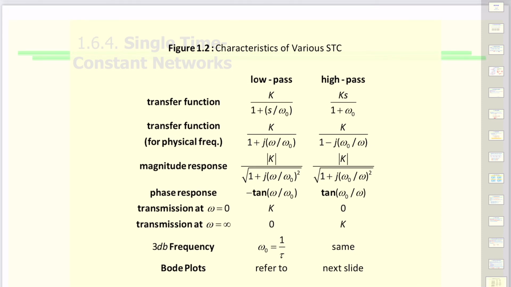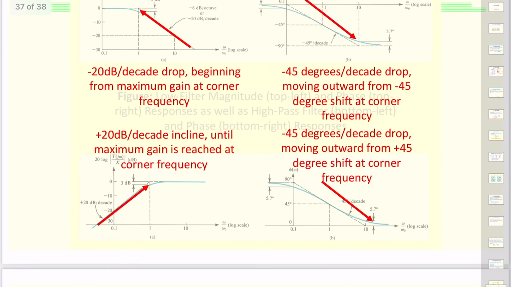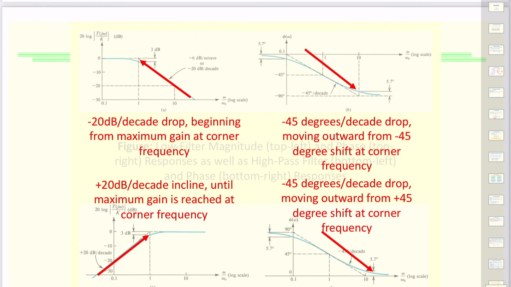A simple way to graphically present the gain and phase shift against frequencies is what we call Bode plots. Bode plots tell us the gain and phase representation, and these are very important in the design and analysis of the frequency dependent behaviors of systems where we are dealing with the magnitude and phase response of STC networks, whether they are of low pass type or high pass type.